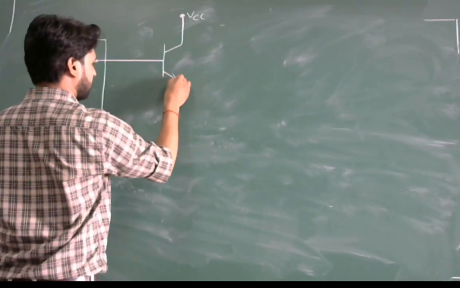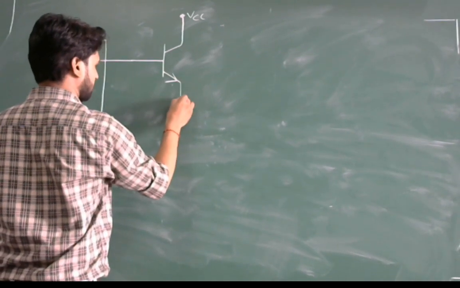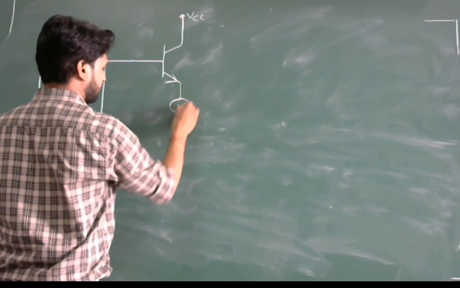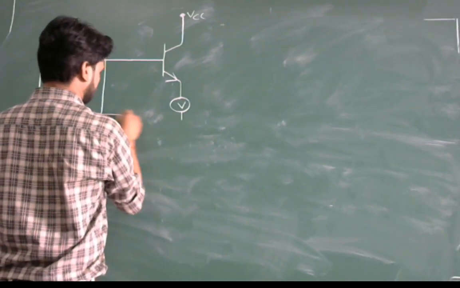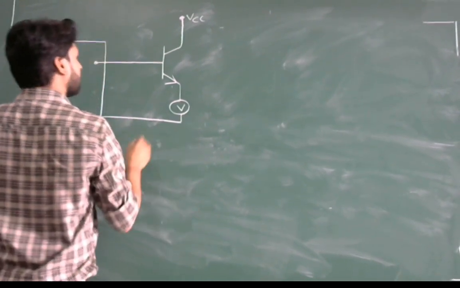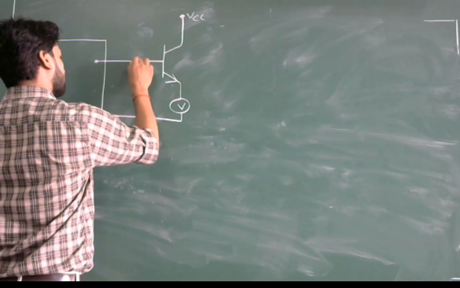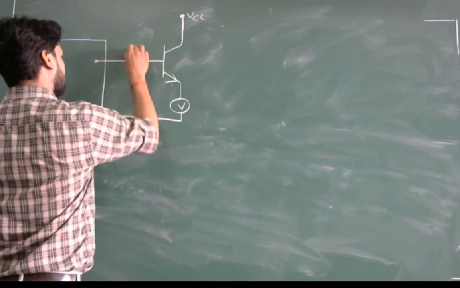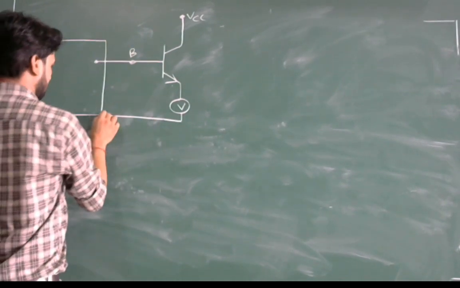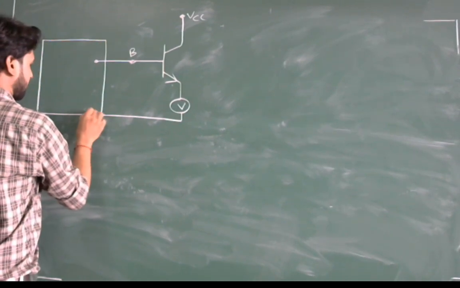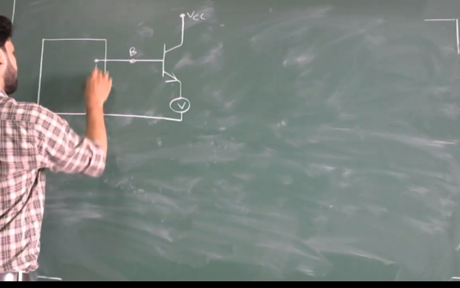In the emitter terminal, we will connect the voltmeter. This is the base, and the voltage which we have to measure is Vin.